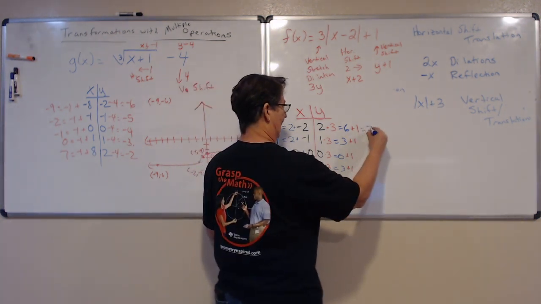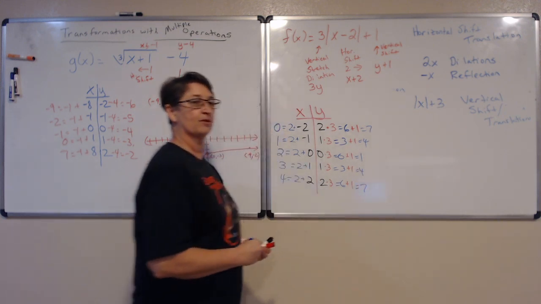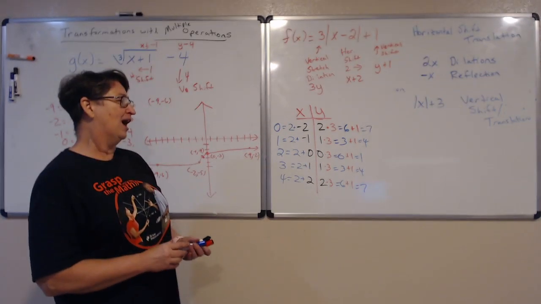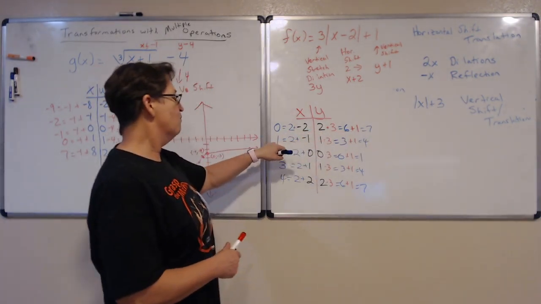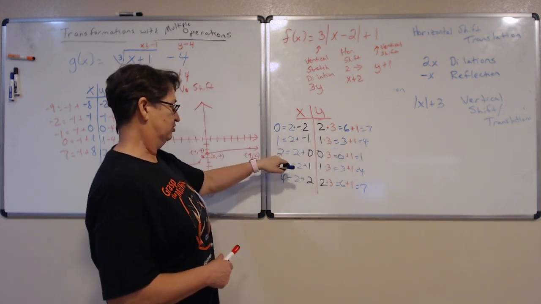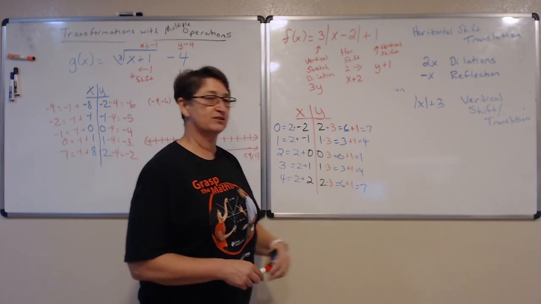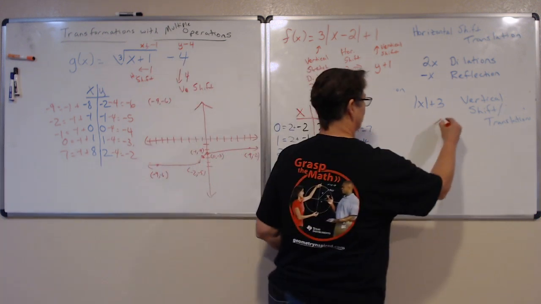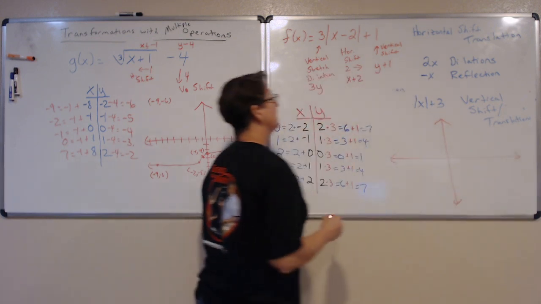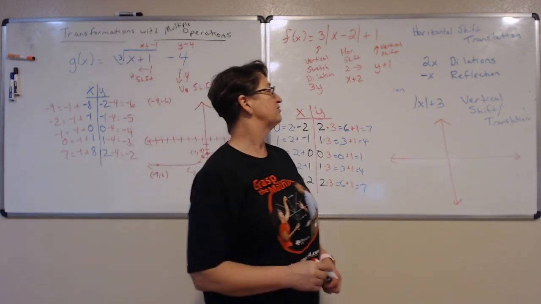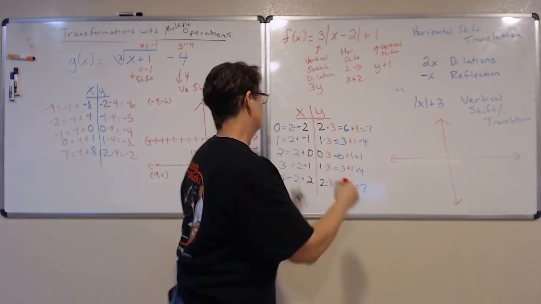So now my new points are at 0, 7, 1, 4, 2, 1, 3, 4, and 4, 7. And those are going to be my new points. It should take it and move it to the right 2, stretch it, and move it up 1. Let's see if it really does.